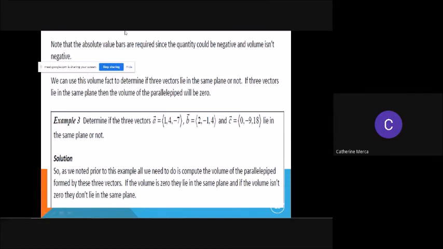The first example here is you're asked to determine if the three vectors lie in the same plane or not. So how do we determine that?